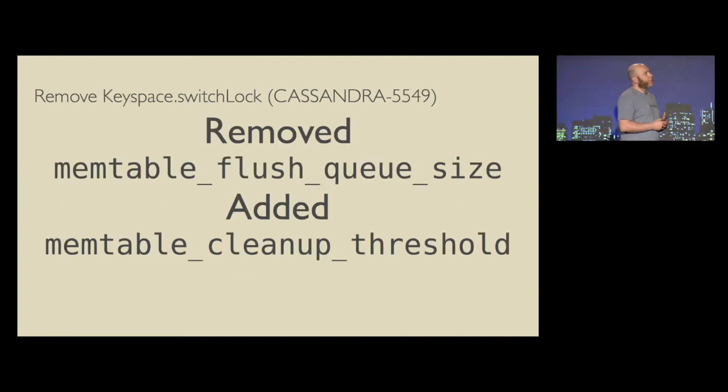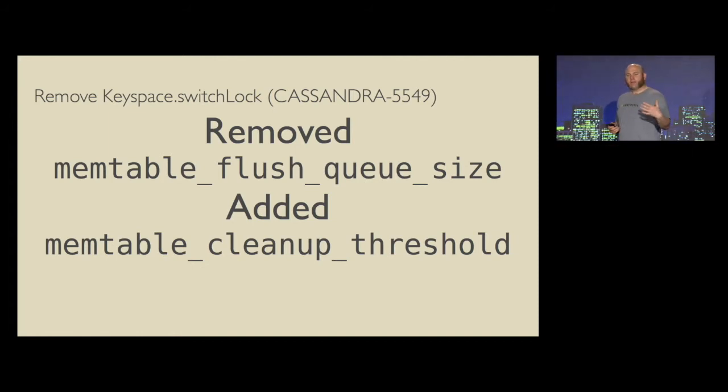You may or may not have known, but there was this big-ish lock in Cassandra called the switch lock. It was a reentrant read-write lock, and it was used to synchronize around the flush queue. Synchronize around the commit log when we're flushing the disk, sorry. And it's been removed in Cassandra 5.5.4.9.